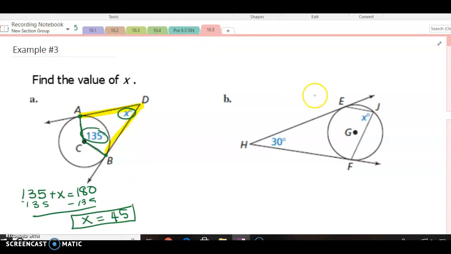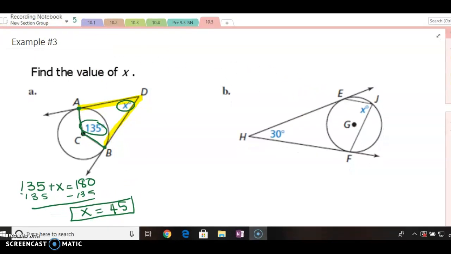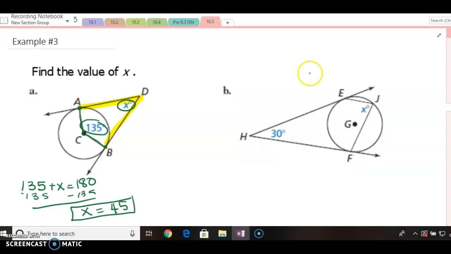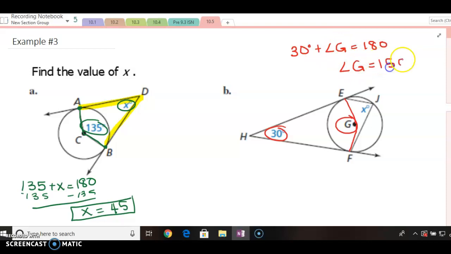Now over here, this one is a little bit different, a little more complicated. I'm going to go ahead and draw this angle here. I know this angle and this angle have to be supplementary, so 30 degrees plus angle G equals 180, and therefore angle G has to be 150 degrees.